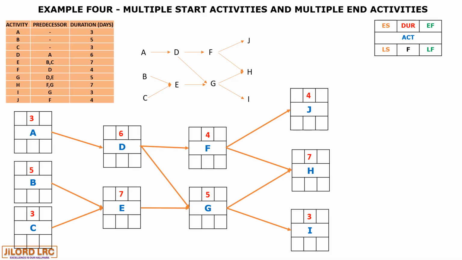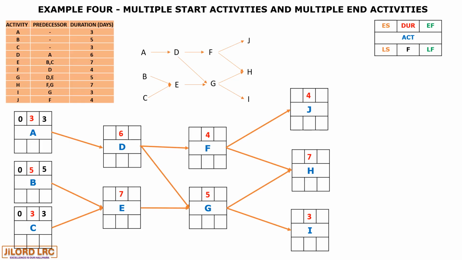We shall then proceed and have our forward pass calculated. And we start with activity A. So 0 plus 3 is 3. Activity B, 0 plus 5 is 5. Activity C, 0 plus 3 is 3.